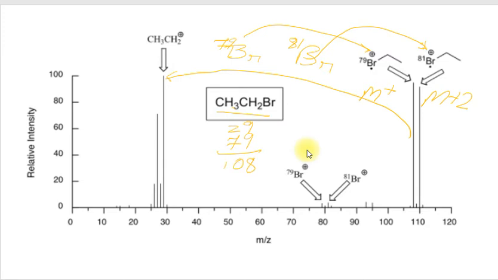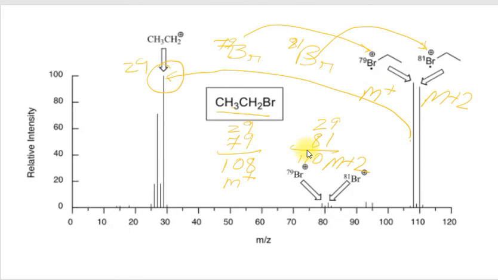so you have 108 as the molecular ion peak. This is your M plus. And then for the M plus 2, you have 29 plus 81, so you have 110. This is your M plus 2 peak. The base peak is at 29.